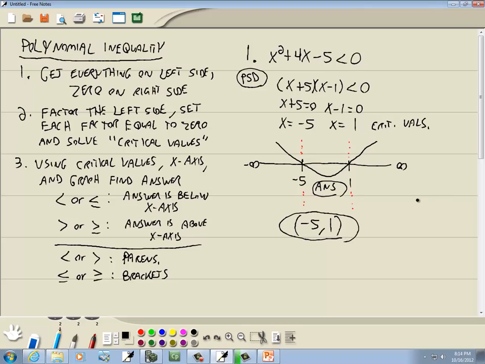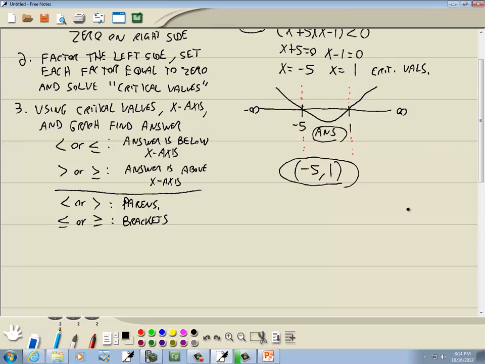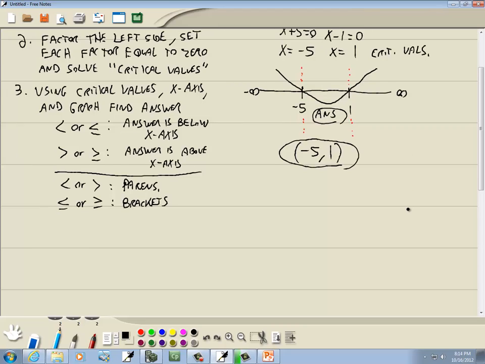What if I didn't have a calculator? Well, what I would do is I would still go through, find my critical values, just like before. It still splits it up into intervals, like this. What you would do is you'd pick test cases. I'm only going to show one of these.